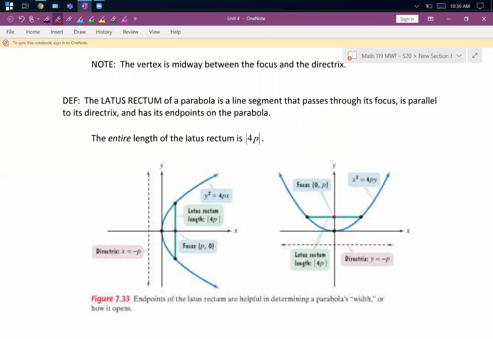What I think of when I'm doing this is, I go to the focus, then I go 2p up and 2p down from the focus, and that gives me my points on the parabola and tells me how wide it is. Then I just connect the vertex to those two points. And that's true whether your parabola is facing sideways or up and down.